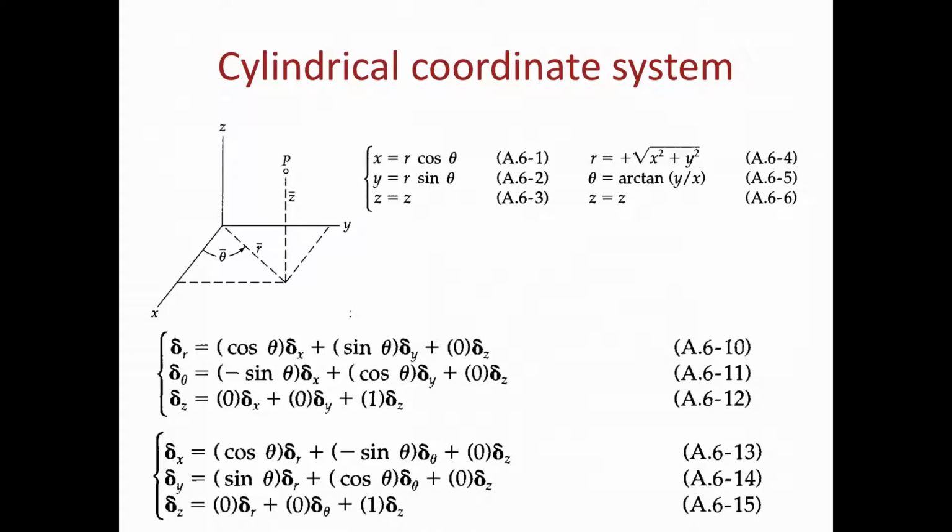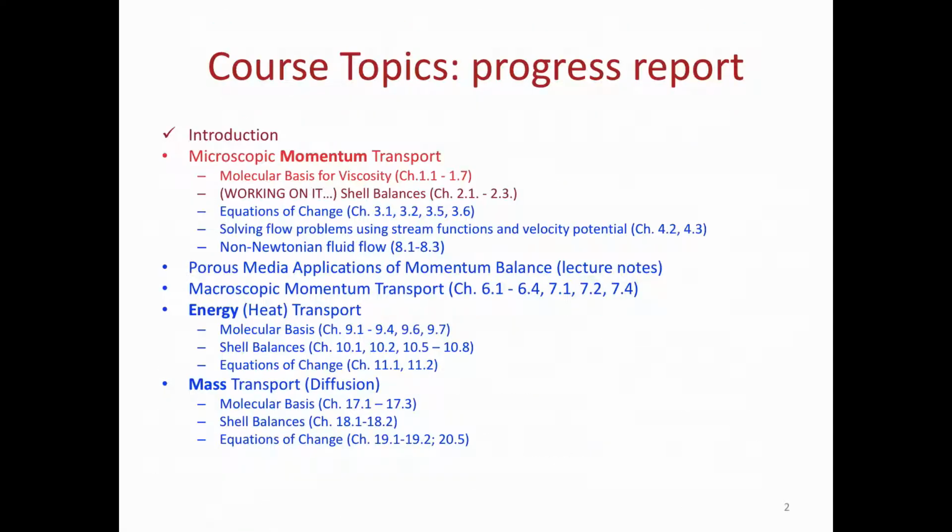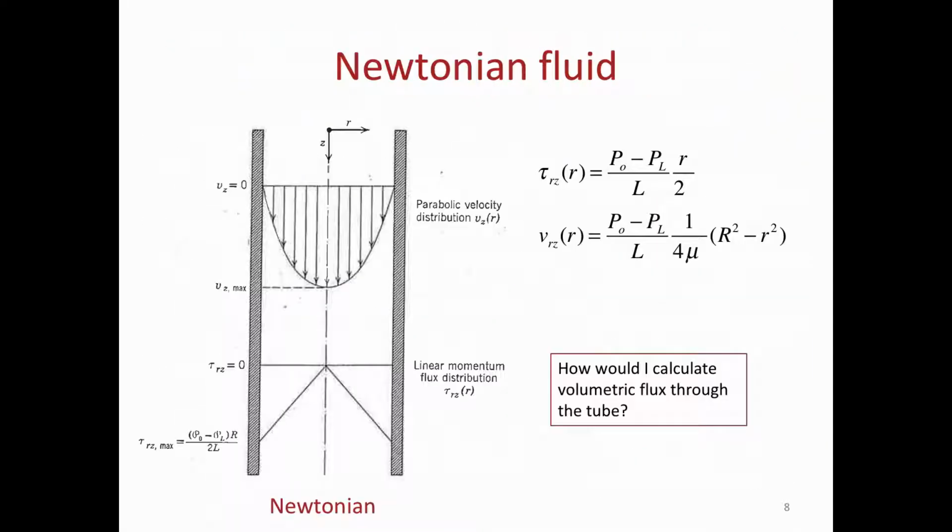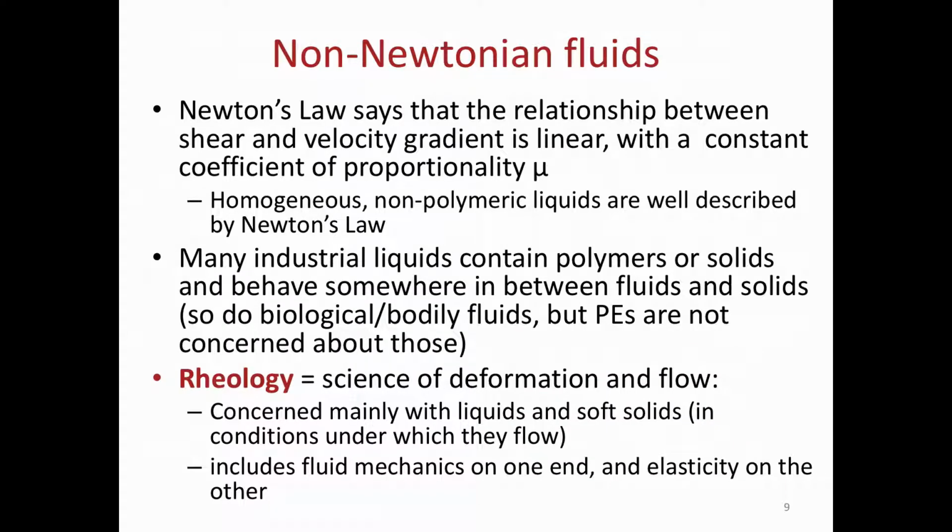That's because this little curved element has slightly different area than it would in the Cartesian coordinate system. So again, I integrate Vz of r with respect to r and theta, and I have to remember that the area element is r d theta. Okay, cool. So what about non-Newtonian fluids?